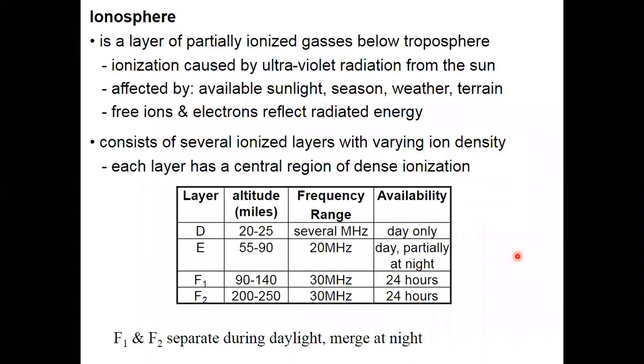Just now I told you there are different ionospheric layers: D, E, F1 and F2. This is the height of each layer from the ground surface. The D layer is up to 20 to 25 miles from the surface of the Earth towards the sky.